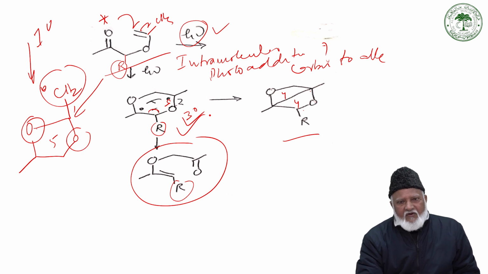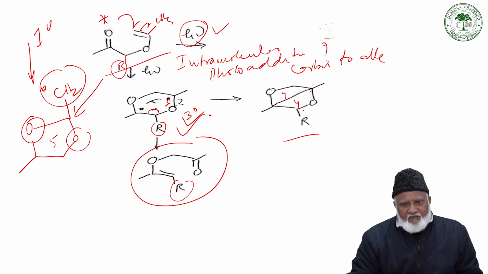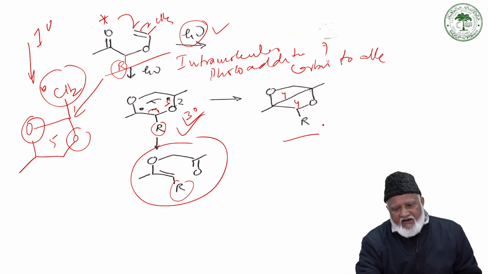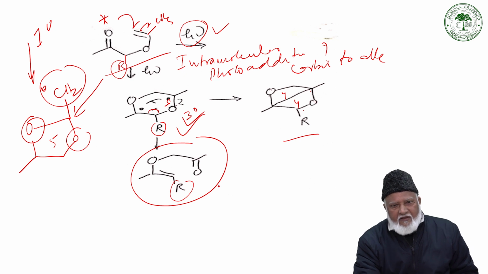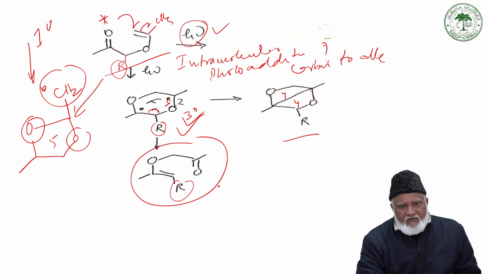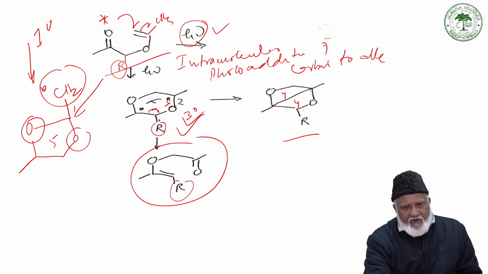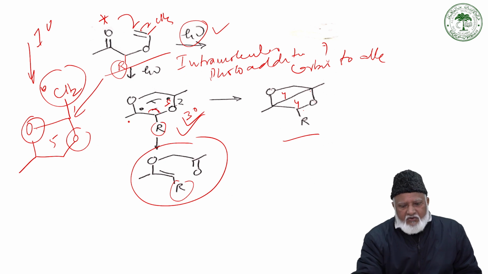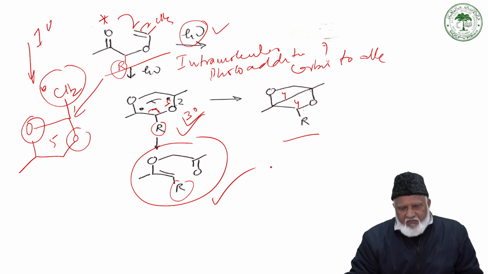Then it might once again couple by radical coupling to give this product. Of course it is a highly strained ring system, so the yield will be very, very low, and fragmentation is going to be a major route, because there is a radical adjacent to the carbonyl, and this might lead to another product.